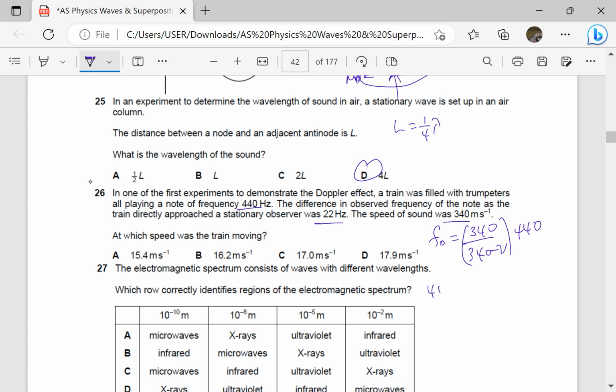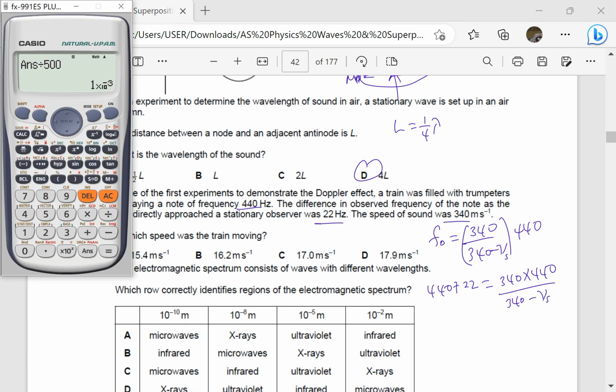So 440 plus 22 is equal to 340 times 440 divided by 340 minus Vs. I'm just going to get 340 times 440, then divide this by 440 plus 22.